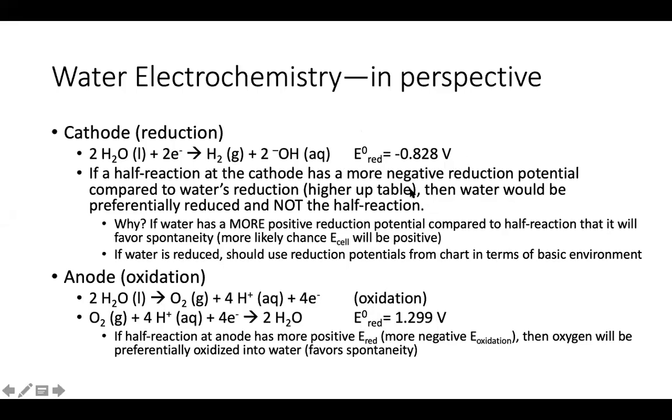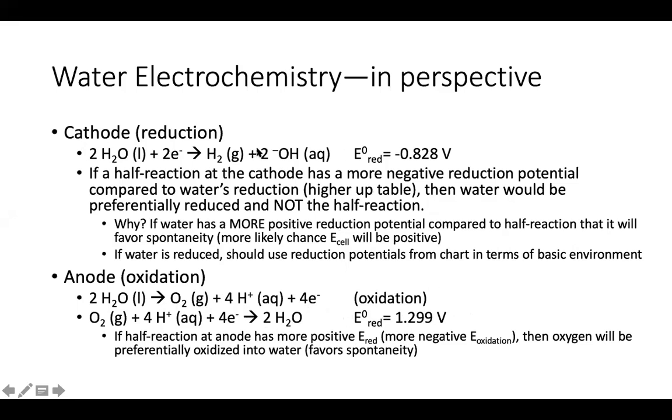Okay, so I would not memorize it as your half reactions need to be between these two numbers, because that's not true. Okay, it's at each respective electrode. It just needs to be on the respective side of the reduction potential of water, right?